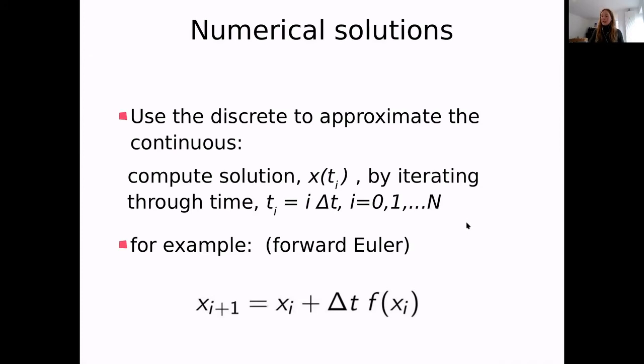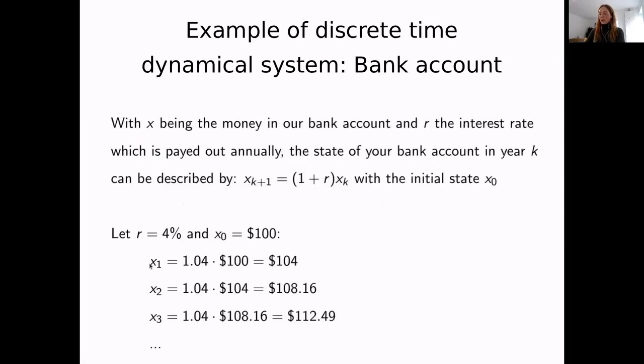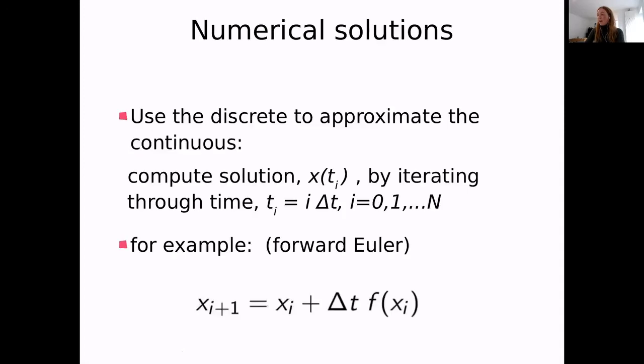And then we iterate through time. And iterating is just what we did here for our bank account. So iterating time t1, 2, 3, and so forth. This is called iterating. And yeah, we can do this until we reach the final time we are interested in.